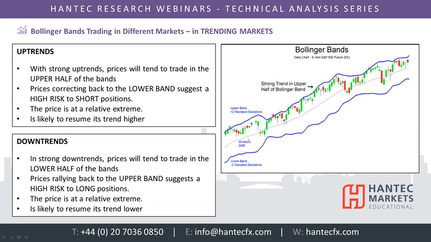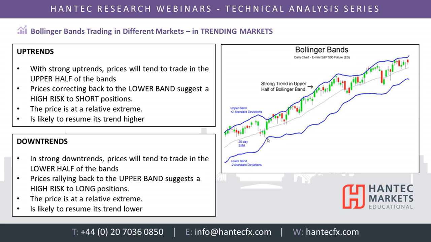So you look to use any sort of move back towards the moving average, or just below the moving average towards the bottom half of the band, as one of two things: either you're looking for buy signals at that stage, or the suggestion is that you are at high risk in your short positions. And I stress that, in my opinion, going short into an uptrend is a risky game.